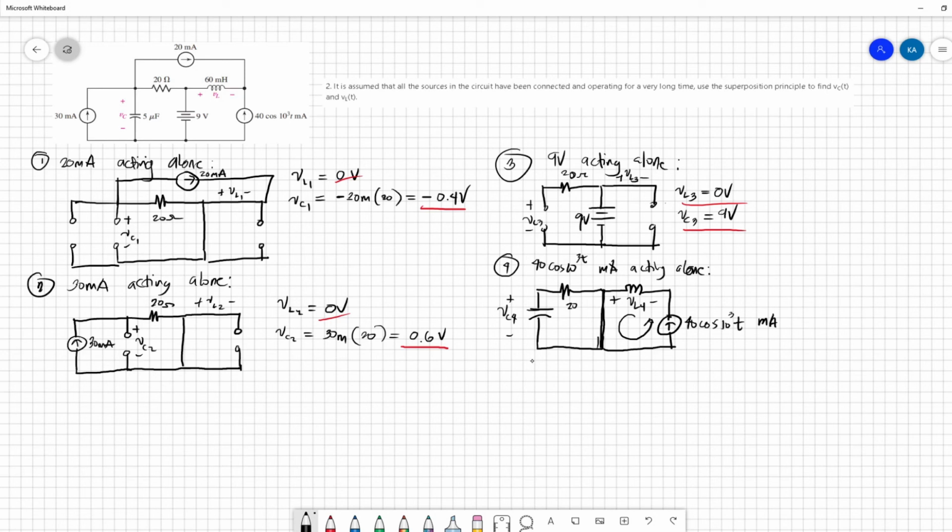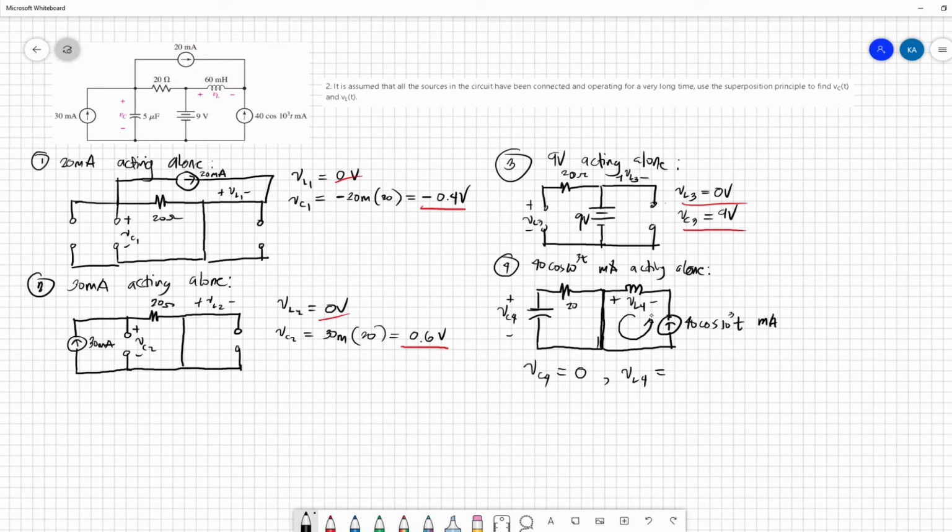So meaning our VC4 is equivalent to 0, and then our VL4 is equivalent to, so remember the equation for a voltage across an inductor.